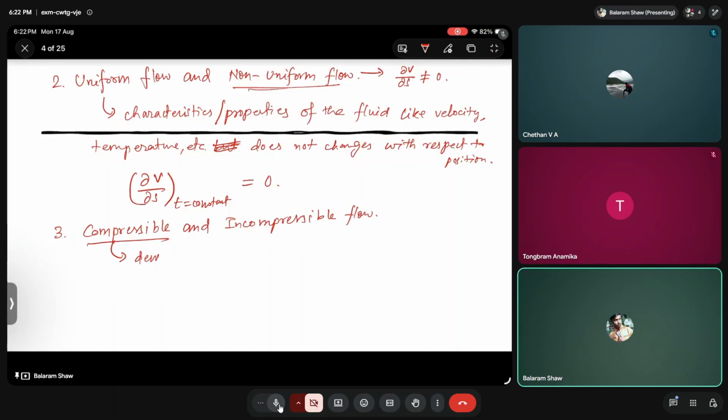Incompressible flow is the flow in which the density is constant, whereas in compressible flow, the density of the fluid will vary from point to point. So this means in space.